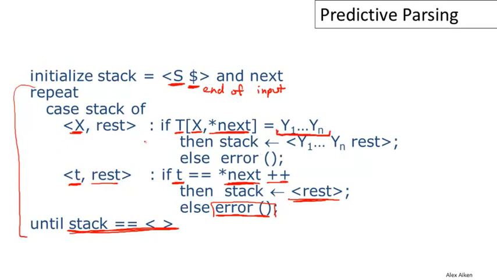Now we pop X off the stack, and we push the children of X in the parse tree onto the stack. This is the way we expand X. So now the leftmost unhandled thing in the parse is going to be Y1, because that's the first child of X. Then all the other children of X are next, and then whatever else is in the stack. And again, if there's no entry for the current non-terminal and input in the table, then that's an error, and the parsing stops.